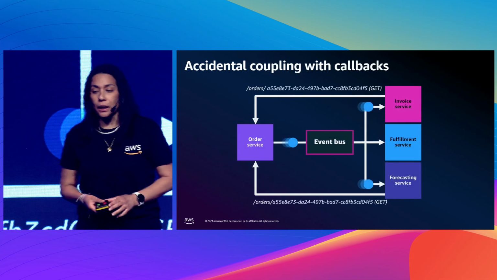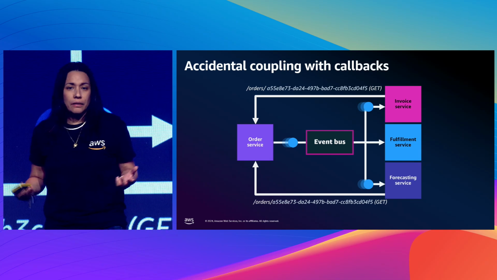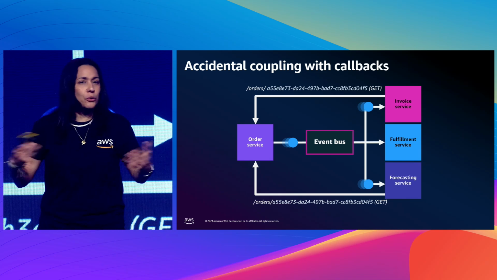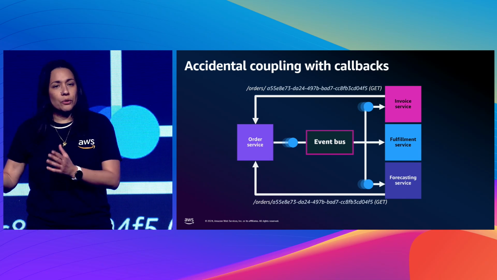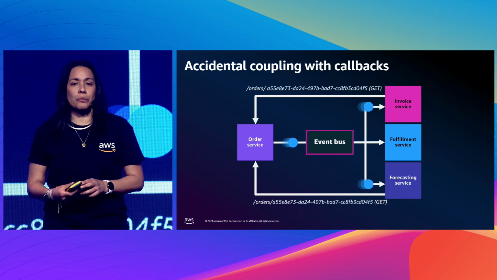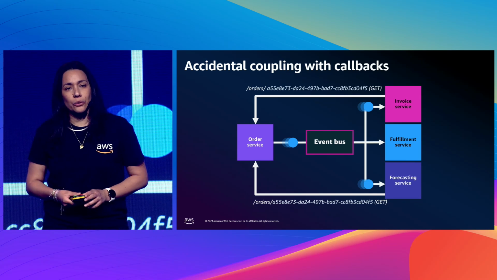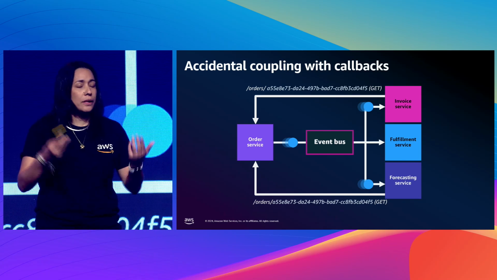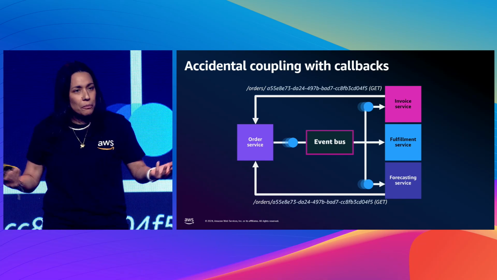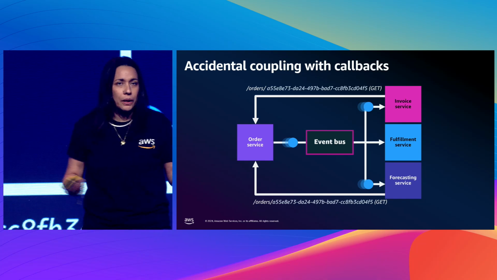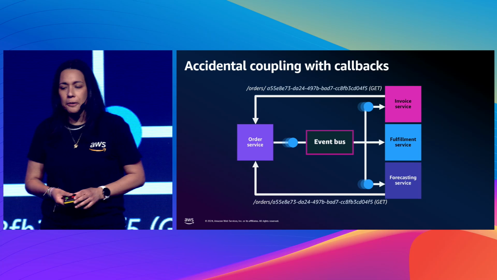And what we see here is that we, as the order service, produce some event. It went into our event bus, got to our consumers, and then they decided indeed to go back for more information, to call us back. In this case, as you see there, via API call or via REST API.